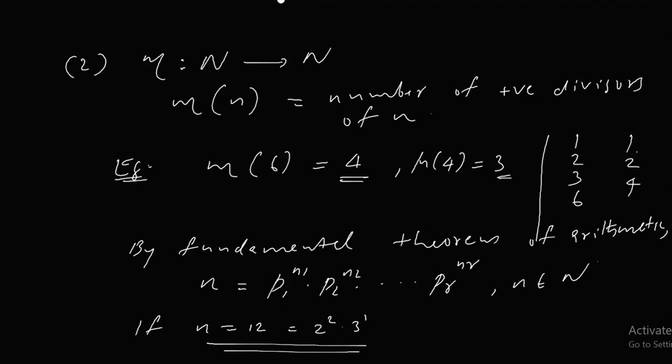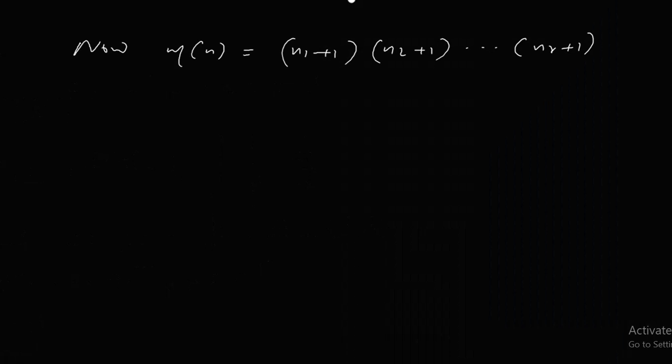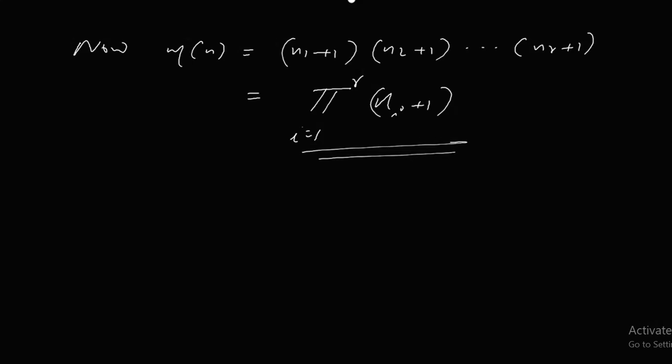Or you can write that using a product form: the product for i equal to 1 to r of ni plus 1. This is again a function, and it is called the number of positive divisors of n.